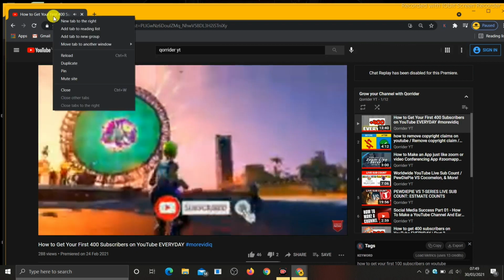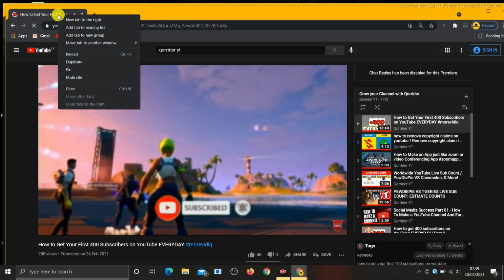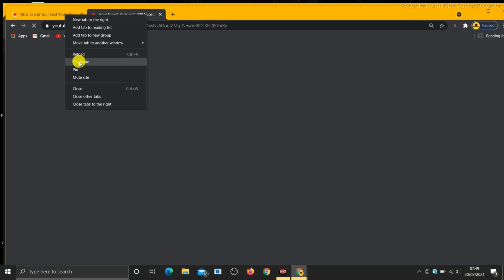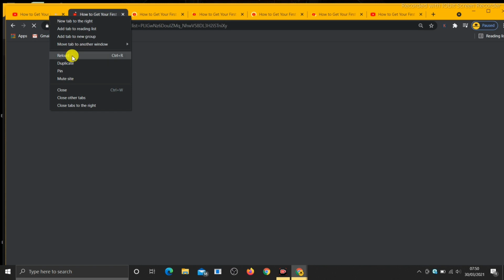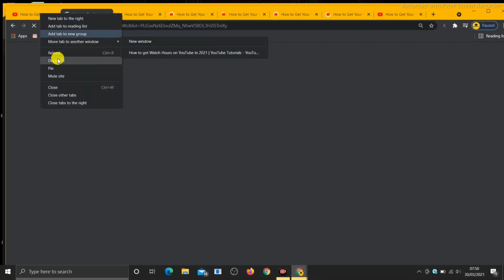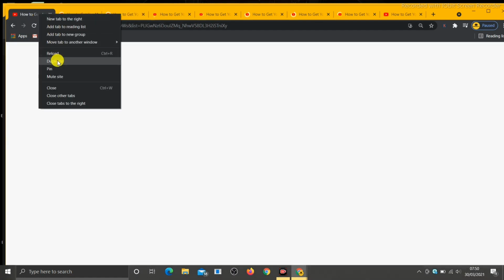Now duplicate the tabs 10 times. Easy, right?